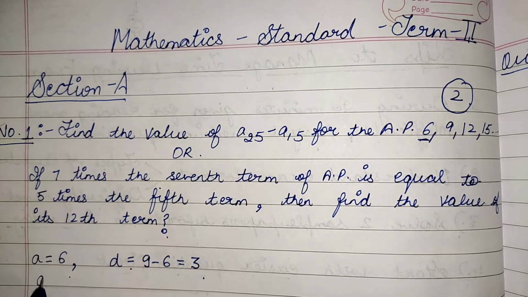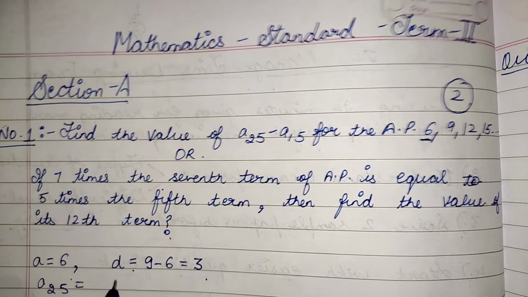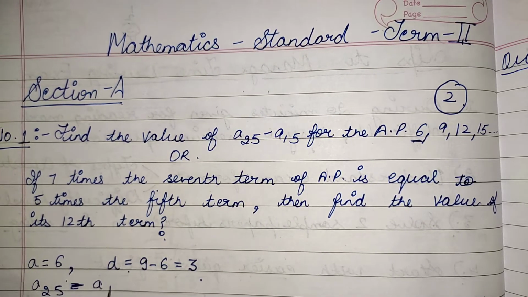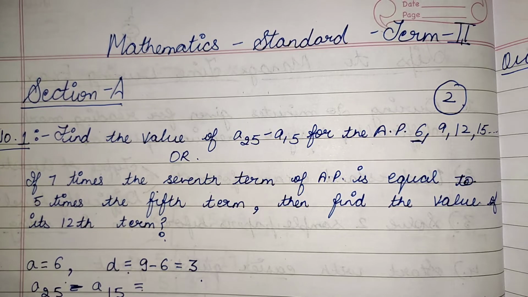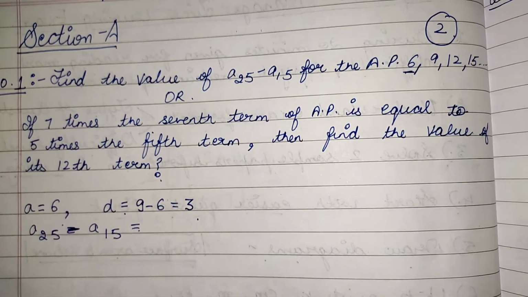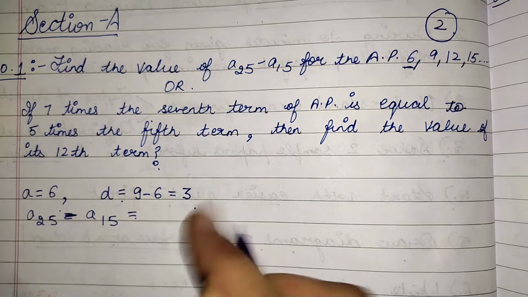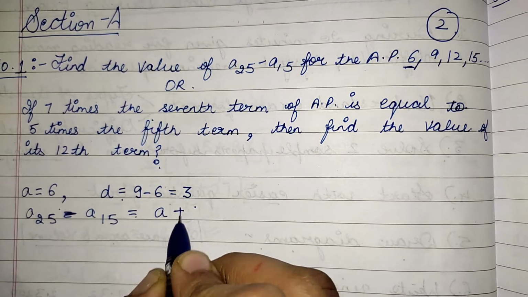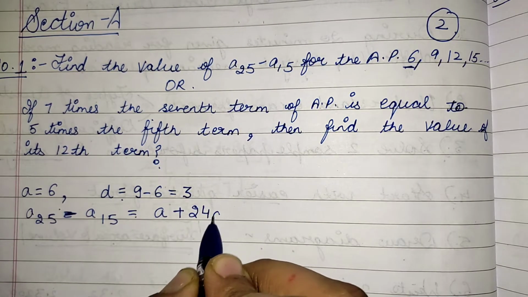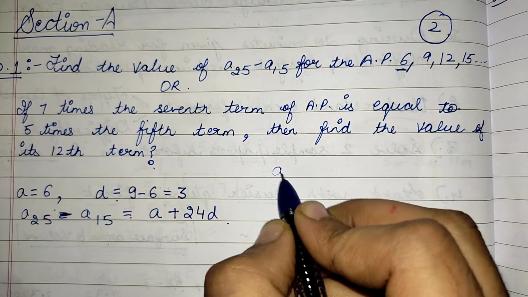Now I have to find out the value of A25 minus A15. You can directly write that A25 is A plus 24D. How?